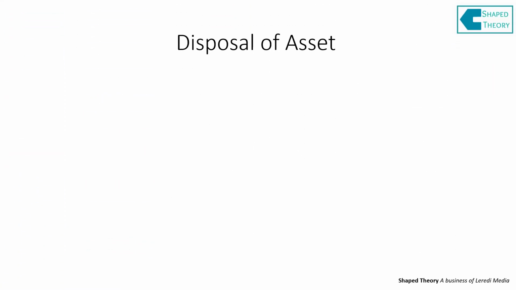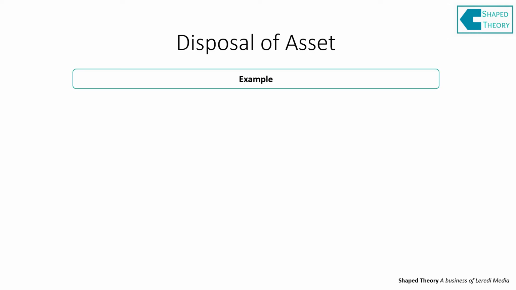In our previous video entitled What is Disposal of Fixed Asset, which is part 4 of this balance sheet series, we had an example that we used for understanding of disposal of fixed assets. In this video, we're going to use the same example to prepare the asset disposal journal entries. The example was as follows. Company A bought an asset for 1,000 in the previous year.